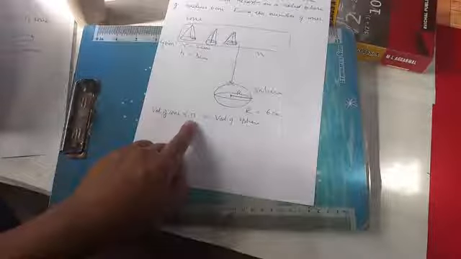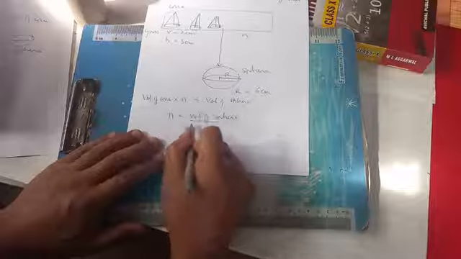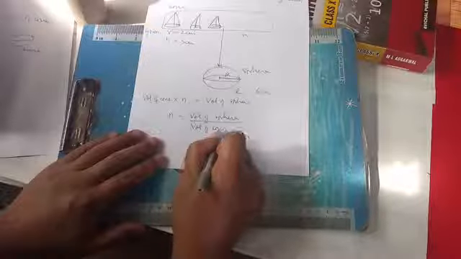Now you have to find n. N is the number of cones. So it's quite simple. Volume of sphere will be divided by volume of cone. Now this is a single cone, but this n is the number of cones. We do not know how many cones are there. So those cones are melted and made into one sphere, so you have only volume of one sphere.